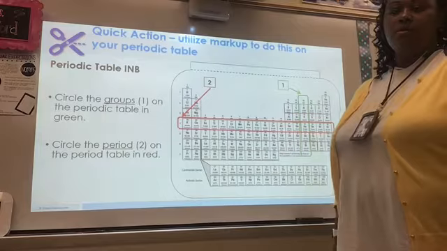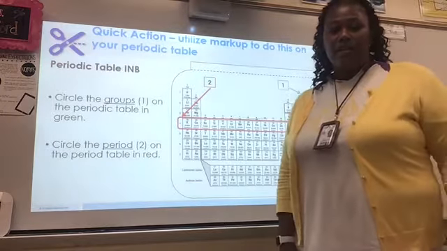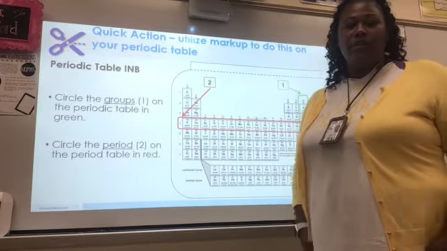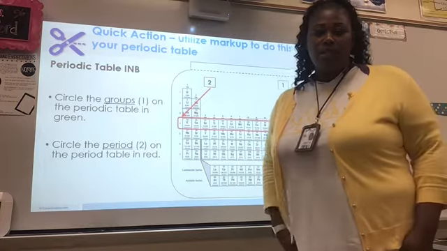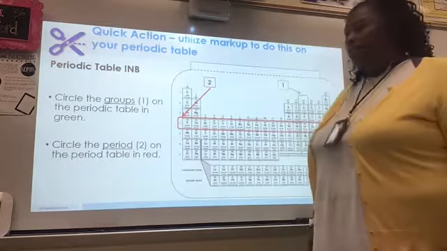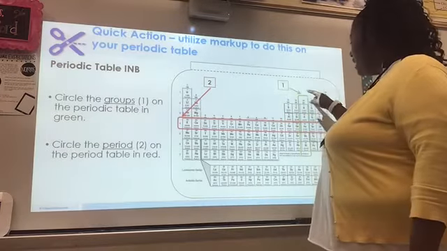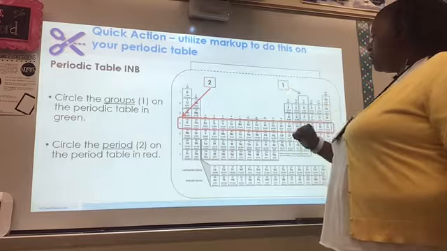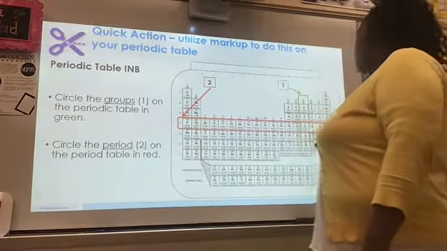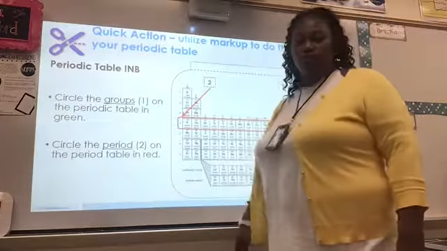You are more than welcome to utilize any color you would like, but this is the first thing we need to do to our periodic table. So again, you should have a screenshot and you should be able to mark up. Pick any group, circle it and label it 1. Any period that goes from left to right, circle it and label it 2.